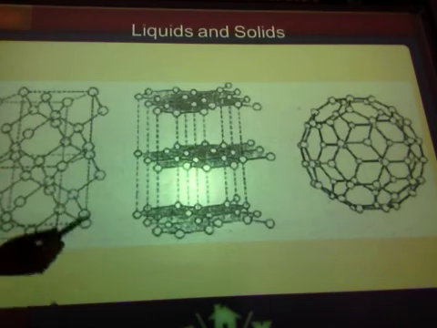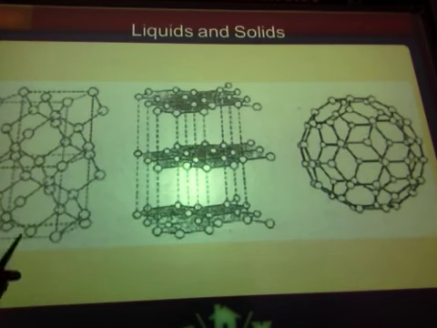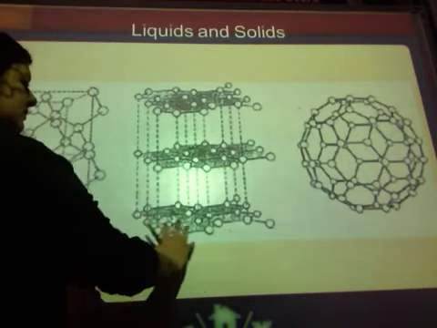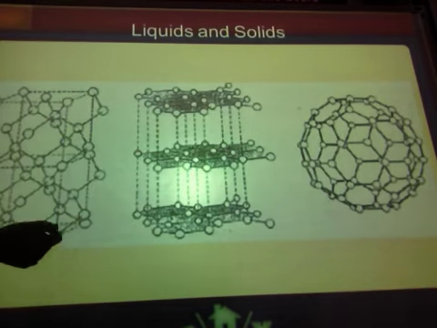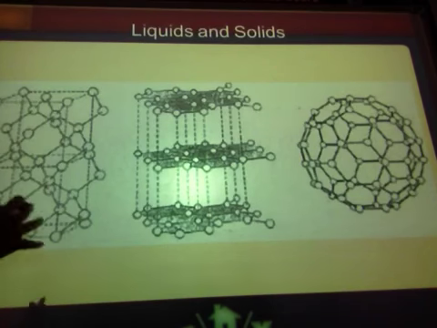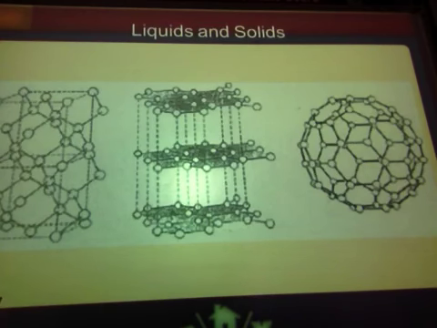Graphite here is still just all carbon, but the way that the carbon atoms are bonded to one another makes it where it creates sheets of carbon, which is why when you're writing with your pencil, you can get this nice, smooth product, because that pencil lead or graphite is coming out in just carbon sheets.